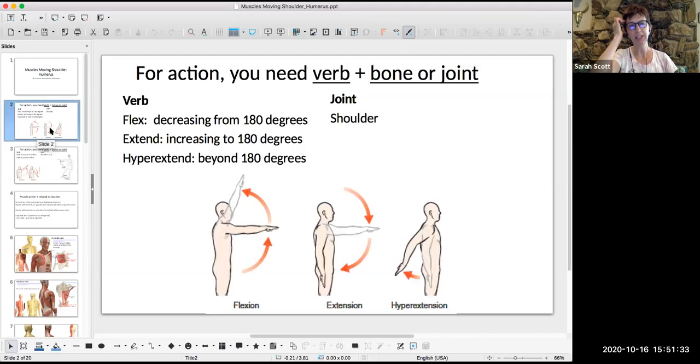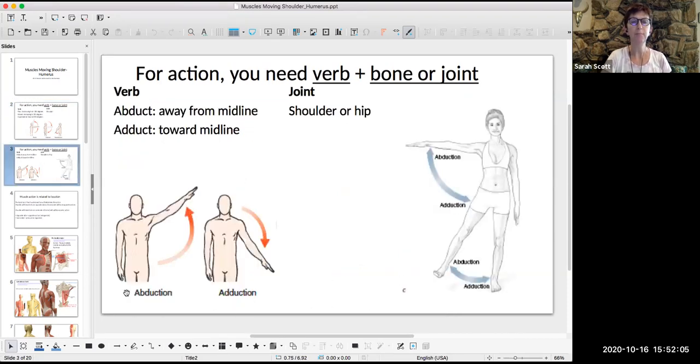So the types of actions we're considering are, again, flexion and extension. Keep in mind that these movements are in the anterior posterior direction. So you're never going to be showing me flexion like that unless we're talking about lateral flexion. Flexion is going to decrease the angle, extension will increase the angle, and hyperextension will go beyond 180-degree movement.